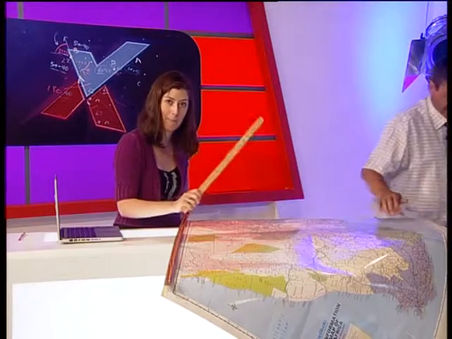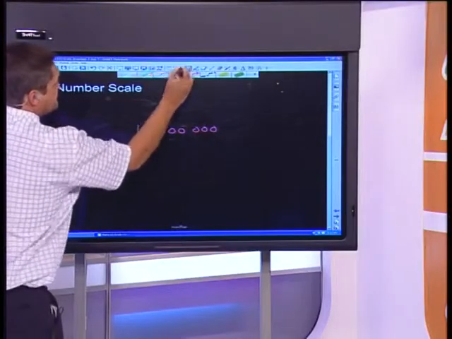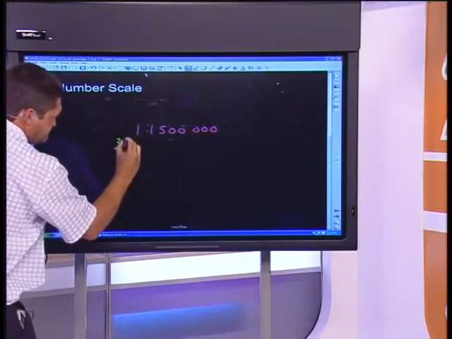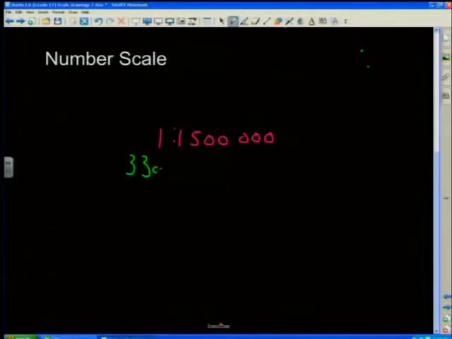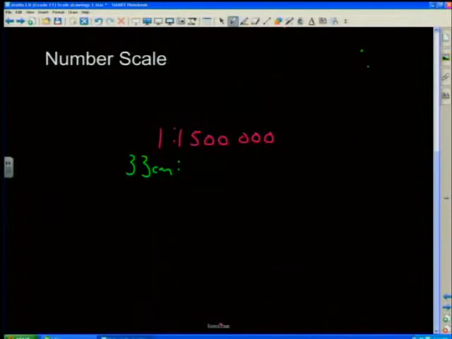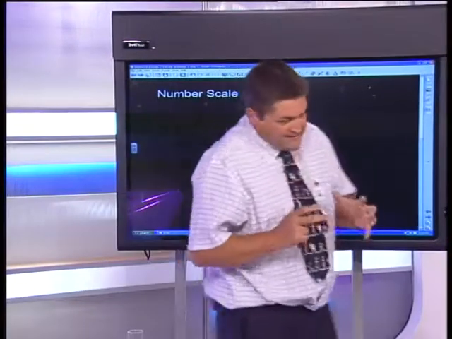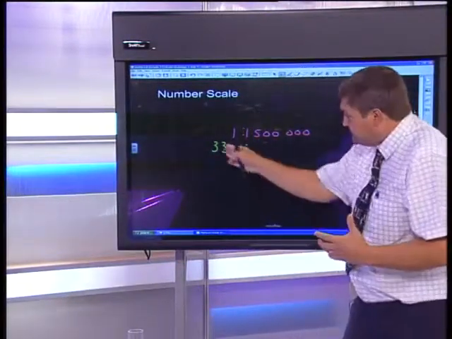Right, so let's do a bit of a calculation here now. We know 33 centimeters was our distance. What did I do to get that 1 to 33? I multiplied by 33. So I said 1 times 33 gives me 33.